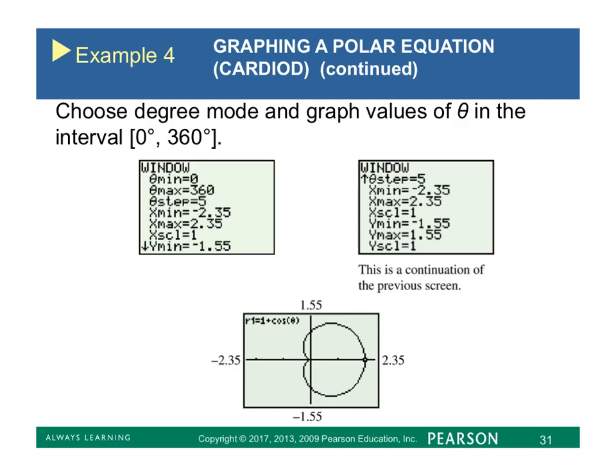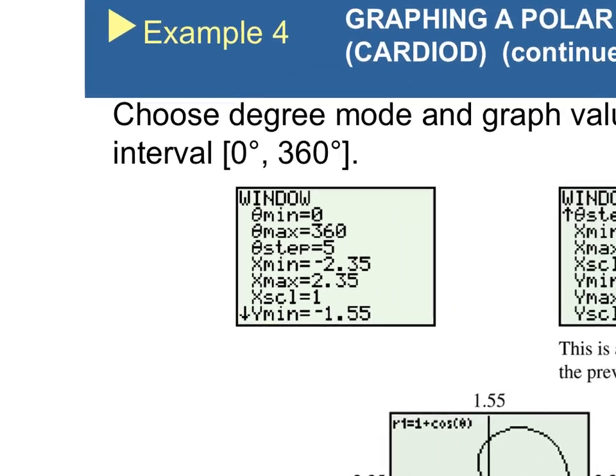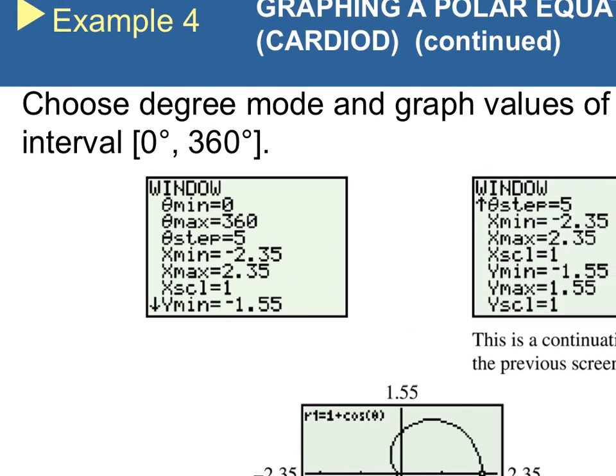If you look at the window that the author used in the original window, that's probably what just came up when he was in degree mode and he said go from 0 to 360. And he's stepping at 0.5. I can't really tell.